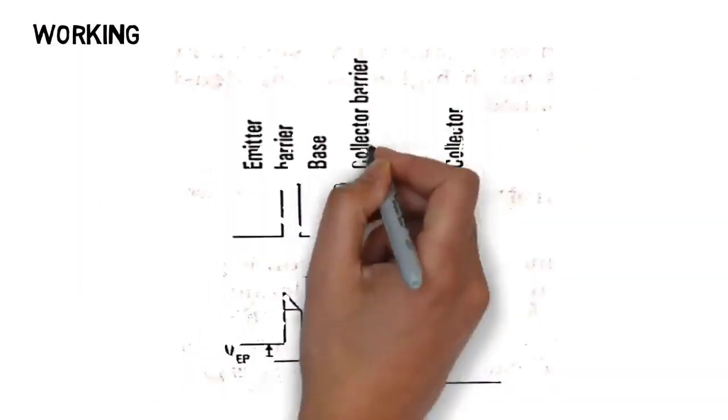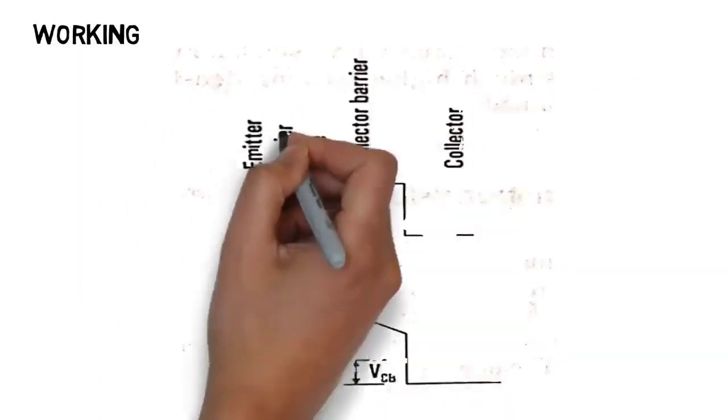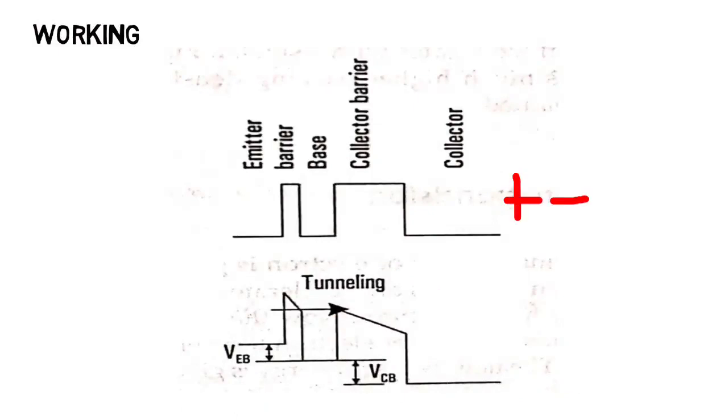Now we can explain the basic working principle of the hot electron transistor. When you apply a positive voltage to the collector, there will be tunneling. That is, there will be injection of energized, that is hot, electrons from the emitter first to the base through the AlGaAs barrier, because here the base is positively charged with respect to the emitter.